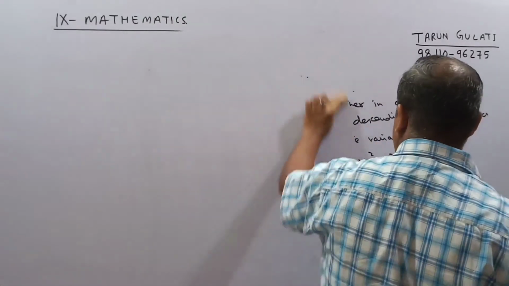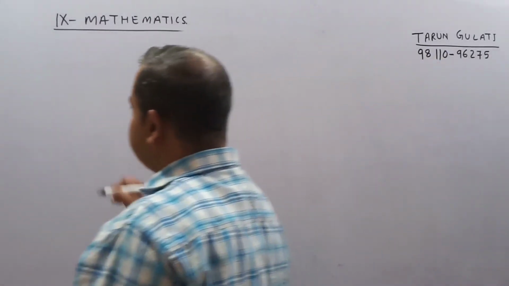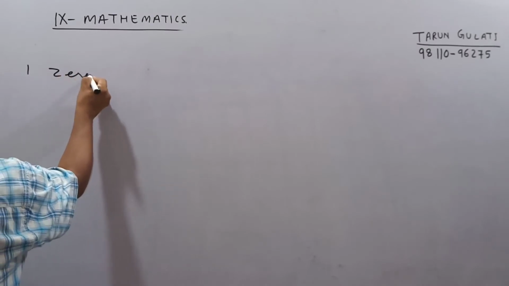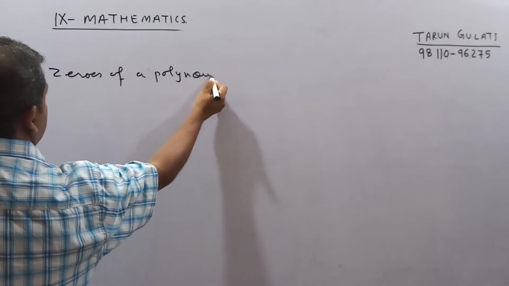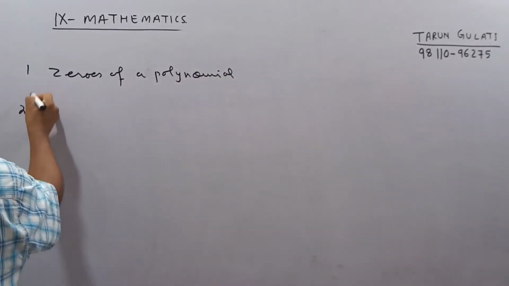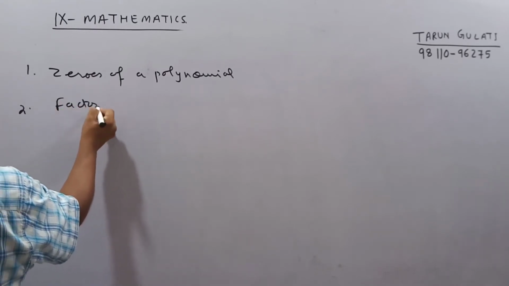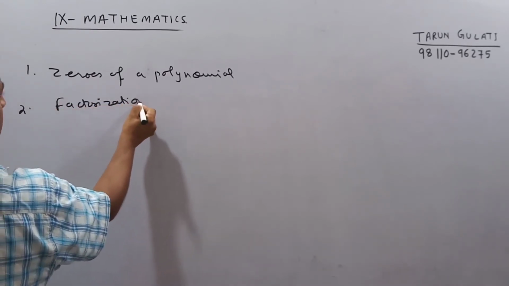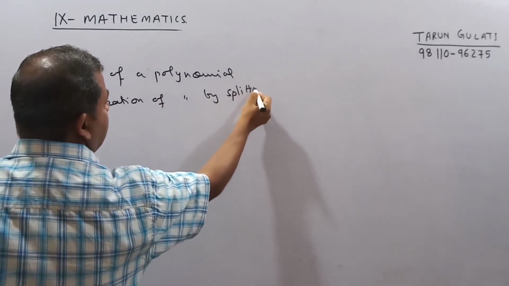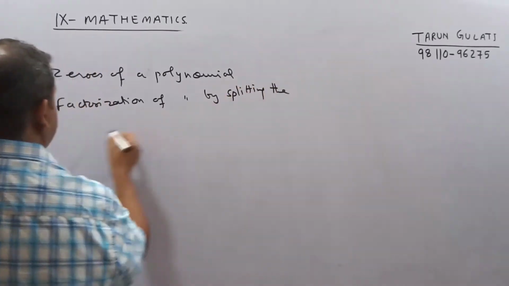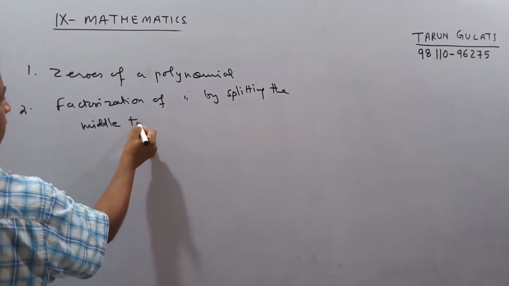We have to understand regarding zeros of a polynomial. We have to keep in mind zeros of the polynomial. Then the factorization of a polynomial by splitting the middle term.